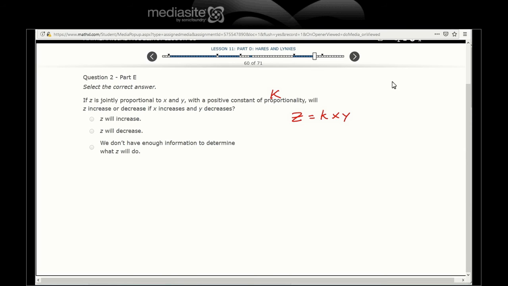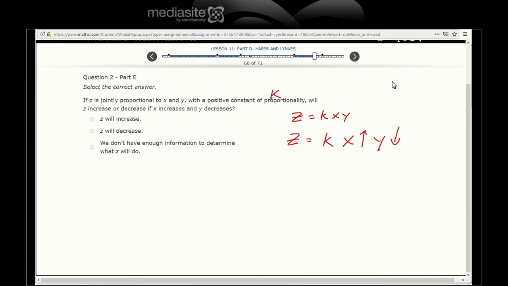Again, z is proportional, positive proportionality. What would z do? K is a constant. If x increases and y decreases, will z increase, will z decrease, or do we not have enough information?